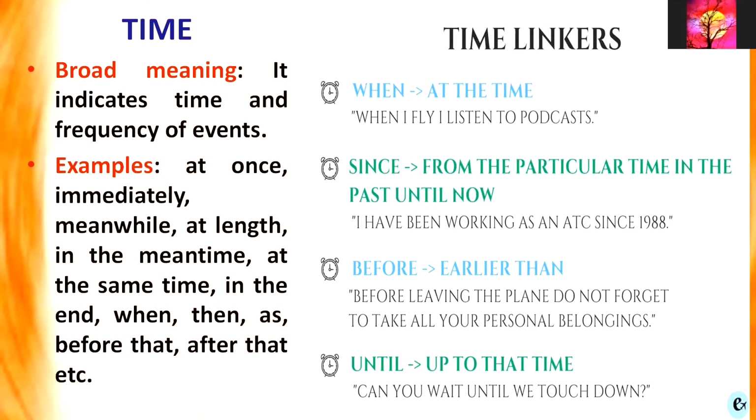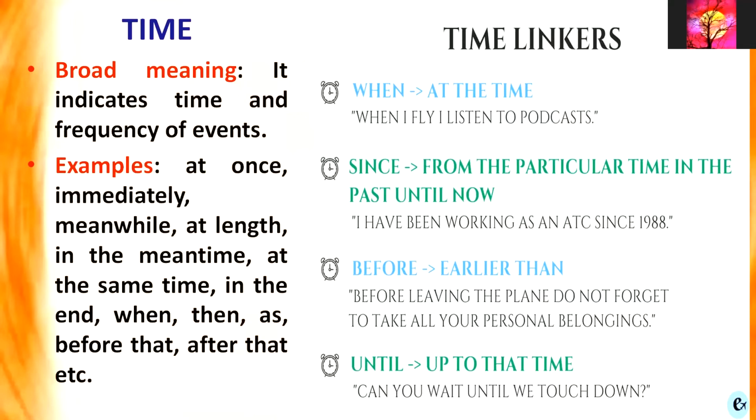There are also certain words which you will have to use in the right context. For example, when you are using the word when, you will use it to show a sense of time. When you are using since, you will use it to show that the action has started at a particular time in the past and is still going on.